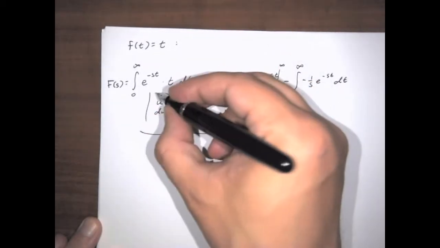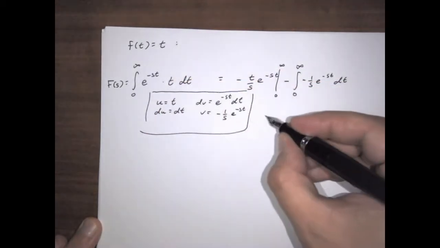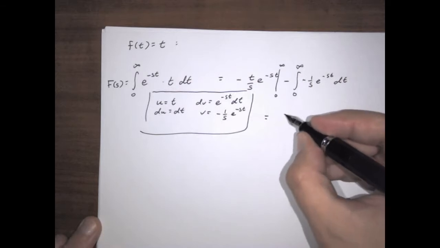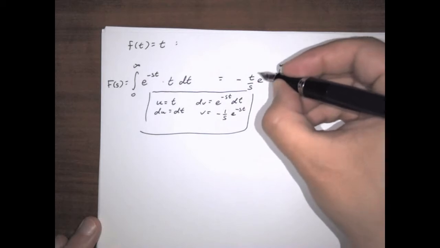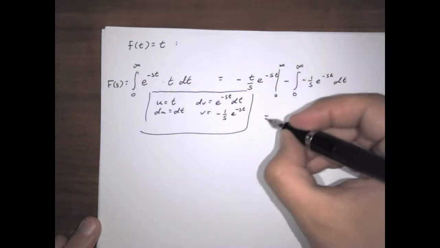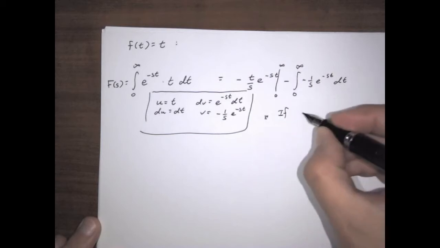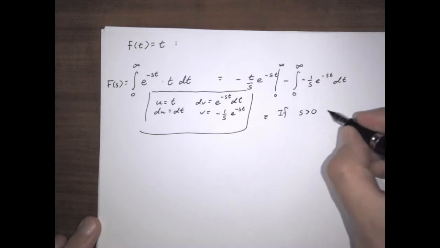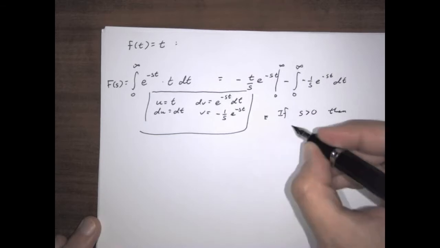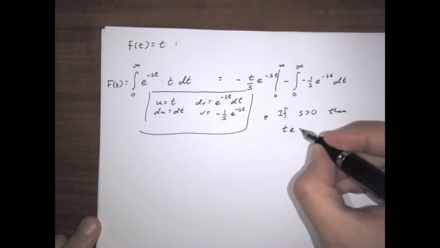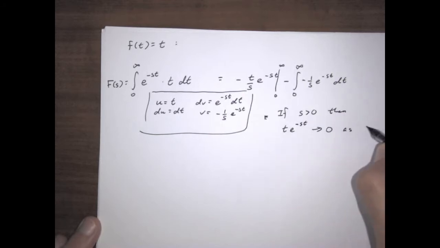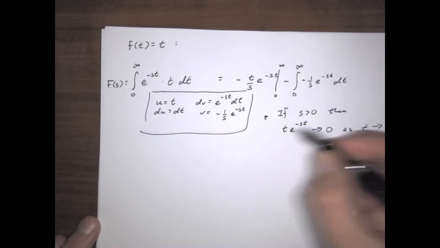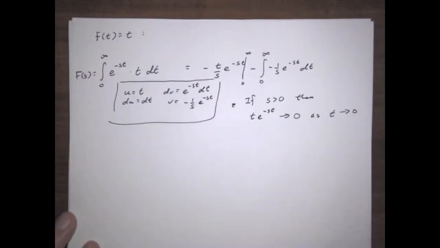So then, over here, we're going to be plugging in t of infinity, and if s is greater than 0, then t e to the negative st will go to 0 as t goes to infinity, and that's because it's exponential decay versus just linear growth.